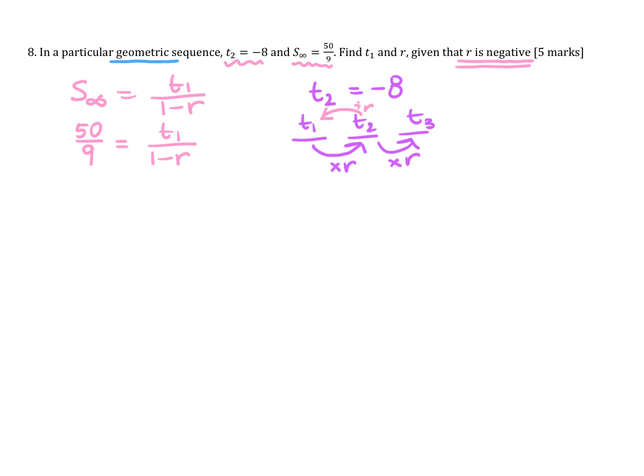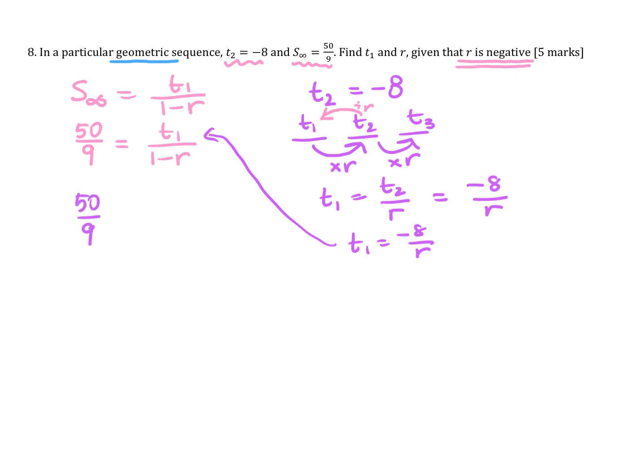So I know that term 1 is going to equal term 2 divided by r, which is negative 8 divided by r. I can use that fact. I can pop that up into here. So I can say that 50 over 9 is equal to negative 8 over r divided by 1 minus r.